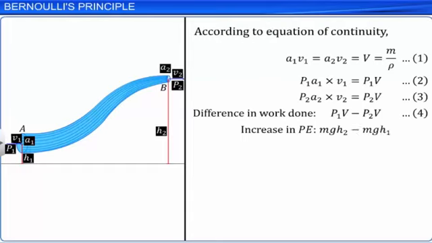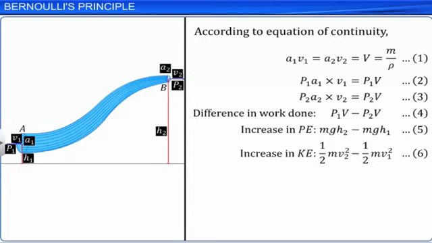Let this be equation 5. The increase in kinetic energy per second from A to B is expressed as half mV2 square minus half mV1 square. Let this be equation 6.